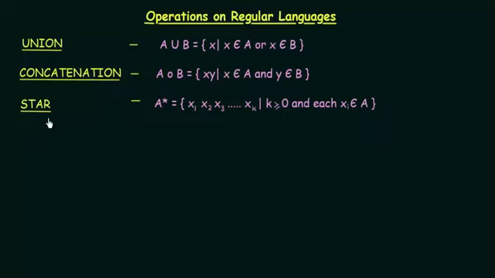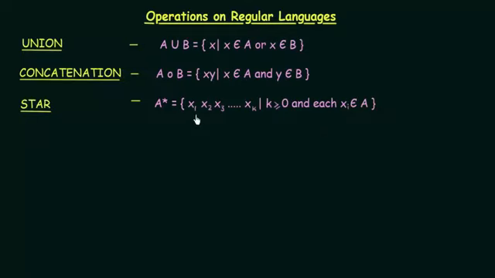That is known as concatenation. And the next one is star. Unlike union and concatenation, in the star operation we have only one set. Performing the star operation on set A means x1, x2, x3 up to xk such that k is greater than or equal to 0 and each xi belongs to A. Don't worry about this long definition.